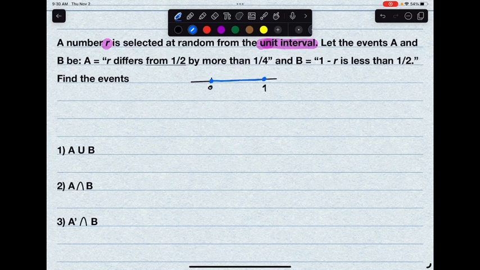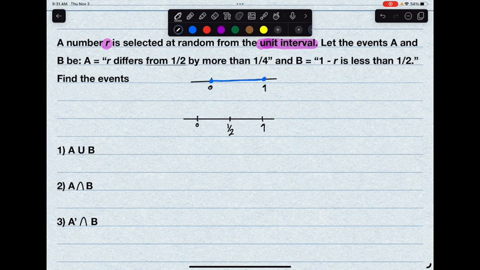Now, what is A? A is from 0 to 1. Here is 1 over 2. Now we need all the numbers in the unit interval whose distance, whose difference with 1 over 2 must be more than 1 over 4.